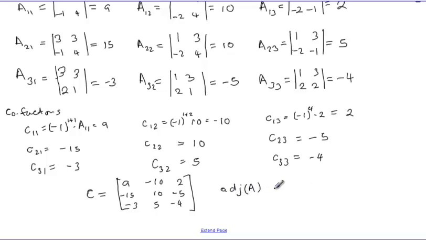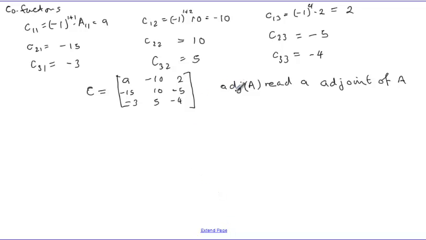This is read as adjoint of A. What is that? The adjoint of A is actually coming from C, and we've got to transpose C. Then you get this as, transposing, row becomes a column.